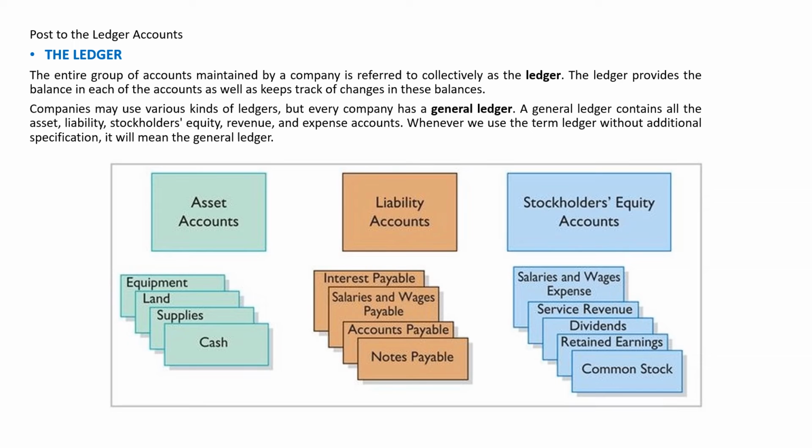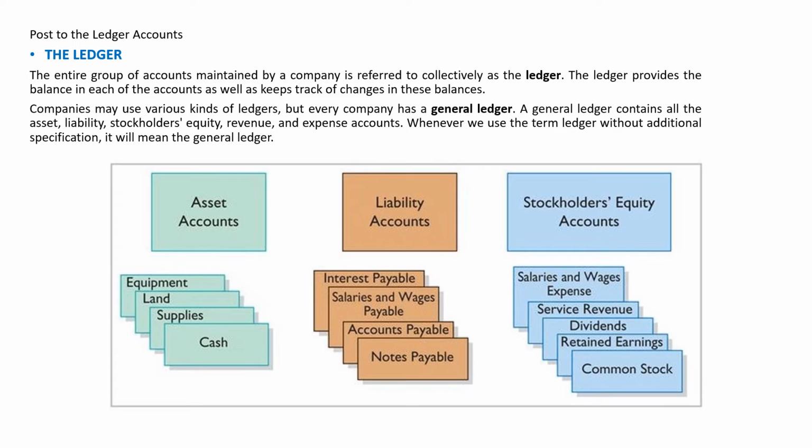Okay, so the ledger. Posting to the ledger. These are our accounts in the ledger. The entire group of accounts maintained by a company is referred to collectively as the ledger. The ledger provides a balance of each of the accounts as well as keeping track of changes in these balances.